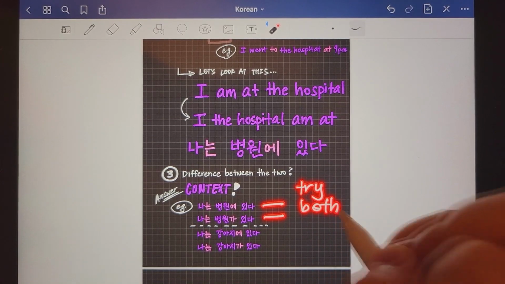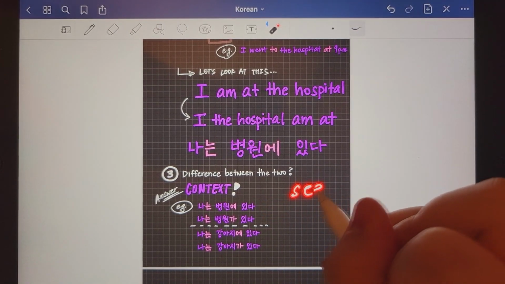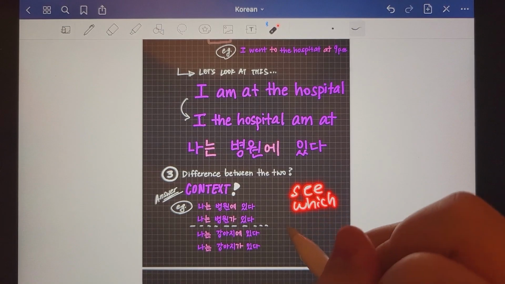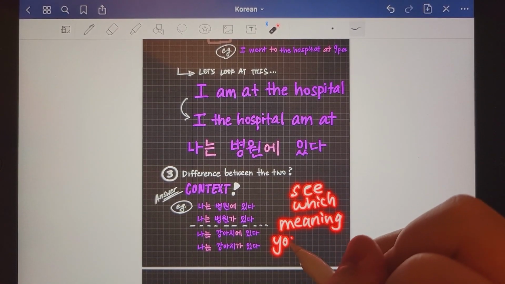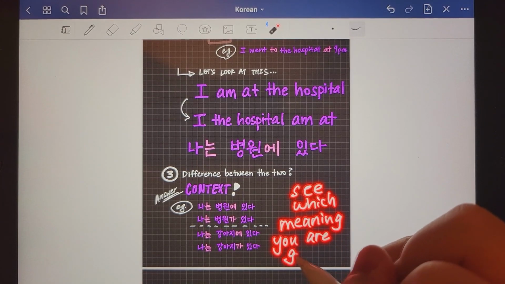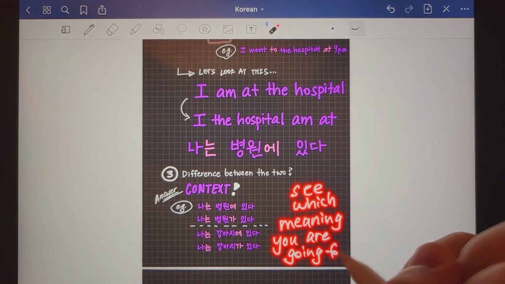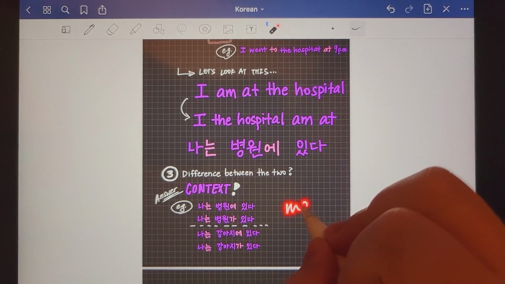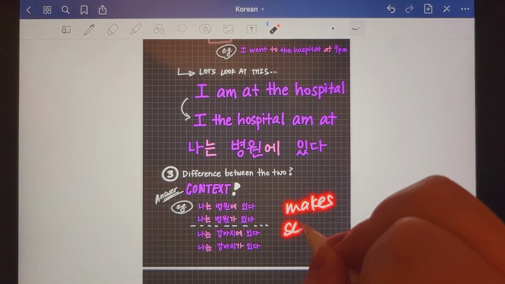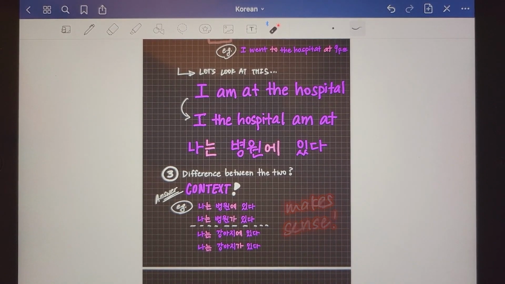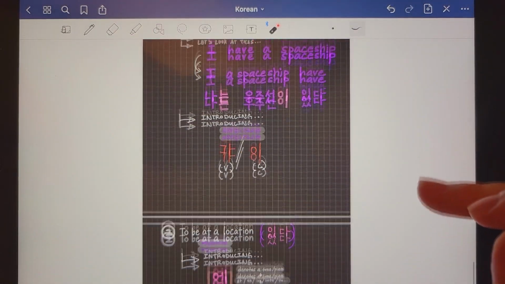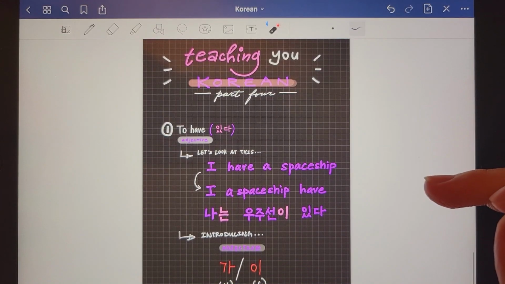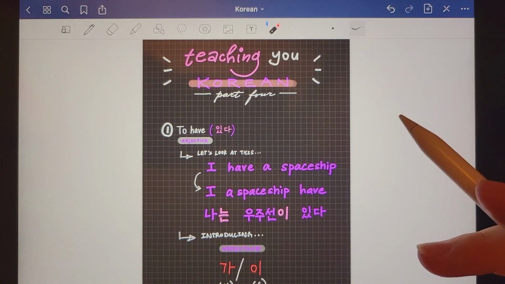Try both of the sentences. Try translating both of them and see which meaning you are actually going for. Even though you would know the translation of the word 있다 based on its particle, you still need to find out which sentence is correct and which usage of the word is actually going to be correct.